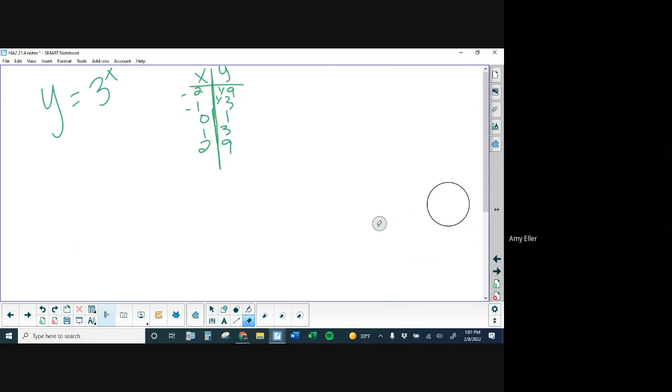Just to show you a different example on your calculator, type this into your calculator. 3 to the -5th.